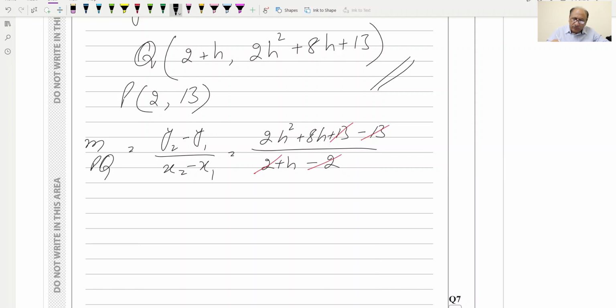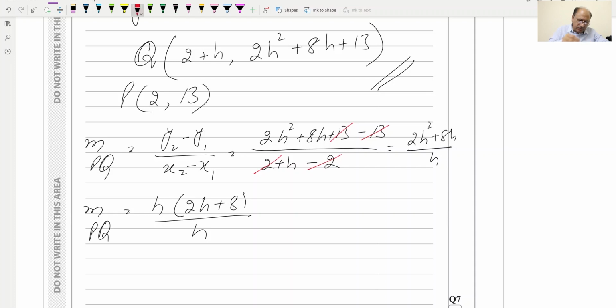Now the remaining part will be 2h squared plus 8h divided by h, and we can take h common, so the gradient of PQ will be equal to h times (2h plus 8) divided by h, and we can cancel h with h, and this will be equal to 2h plus 8, and this will be the gradient which is required.